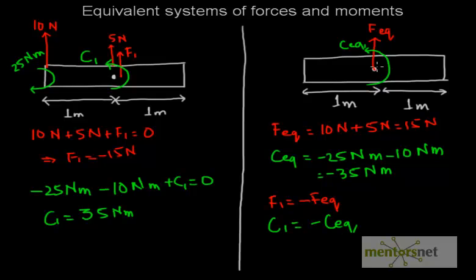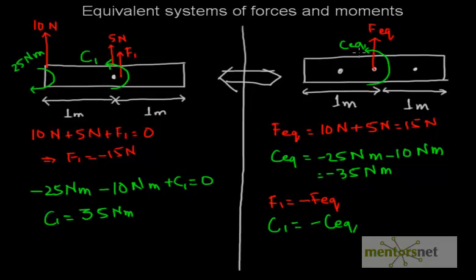Just go ahead, take any point. Take this point over here in the middle of these two marks, that is at 0.5 meters, or this point, which is 0.75 meters, and you'll see that this identity is followed. Basically, there is no reason for it not to be followed. Why? Because earlier we said that these two bars are identical.